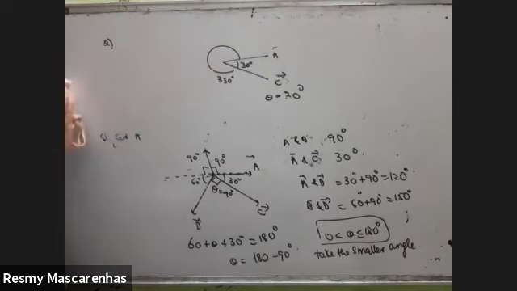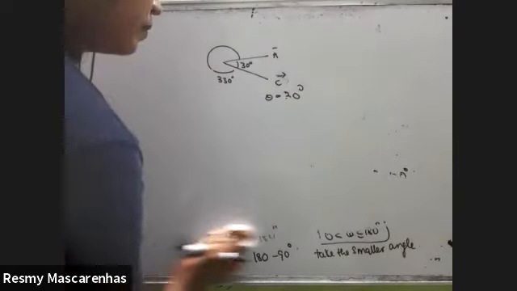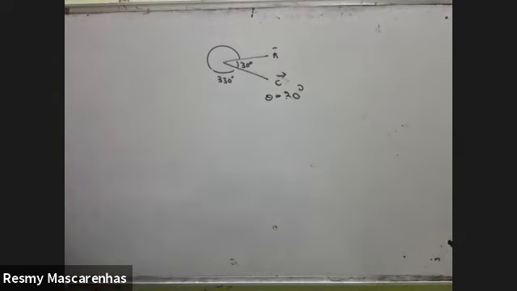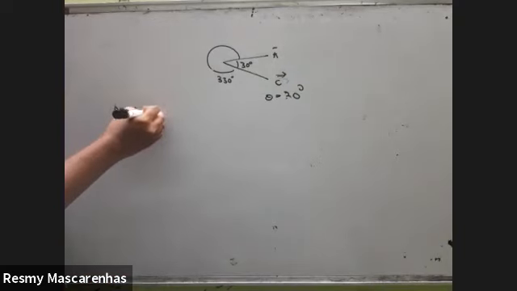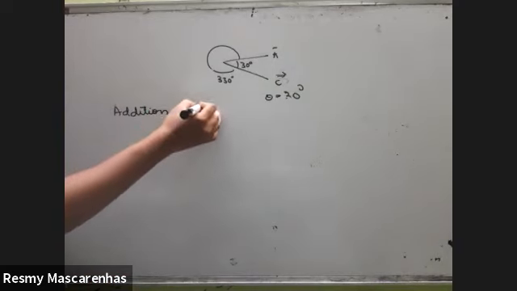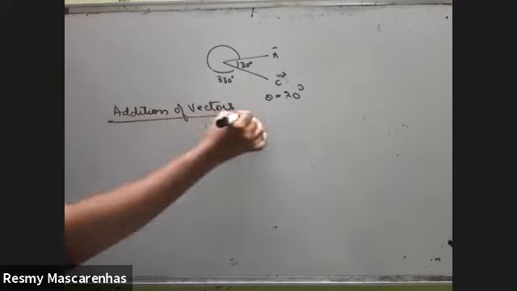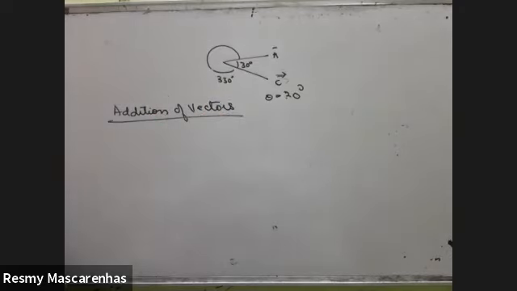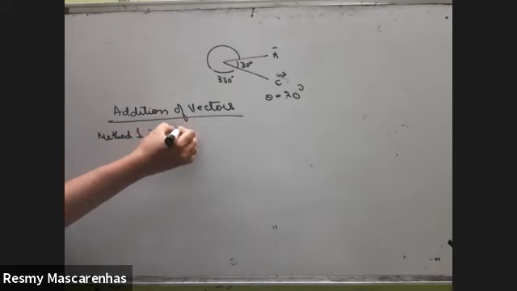Next one is addition of vectors. So first method is head tail method.